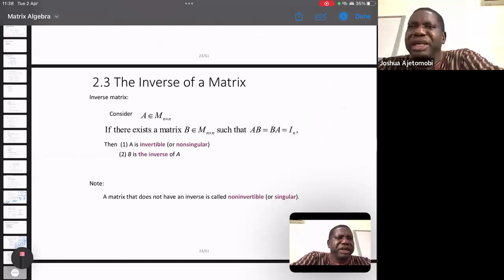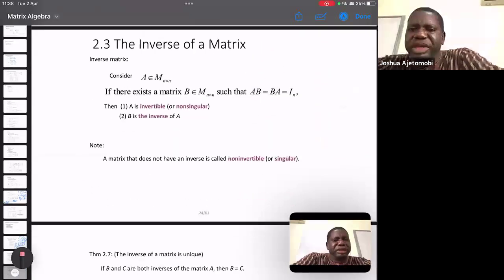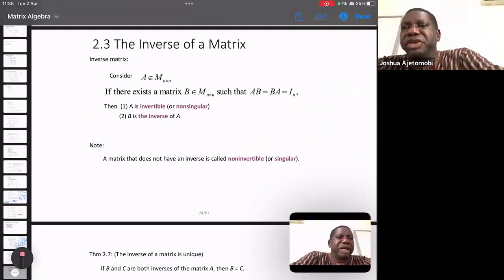Now, in integers, we have division, but in this case, we don't call it division. We talk in terms of the inverse of a matrix.